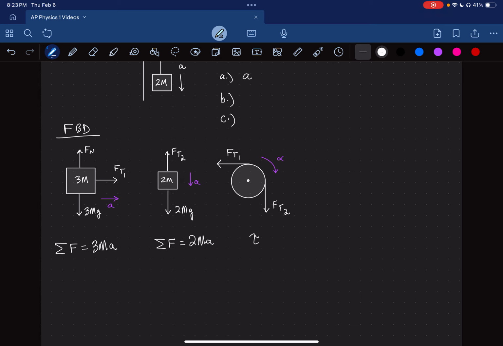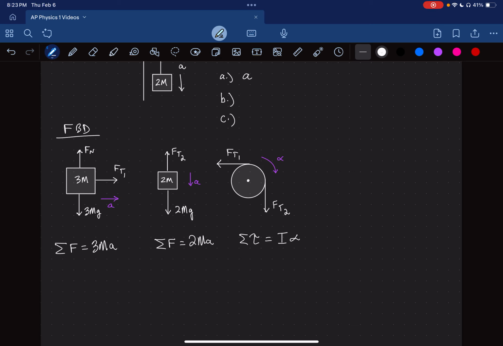And the sum of all torque is equal to I times alpha. Okay, what forces go here and what torque goes there?